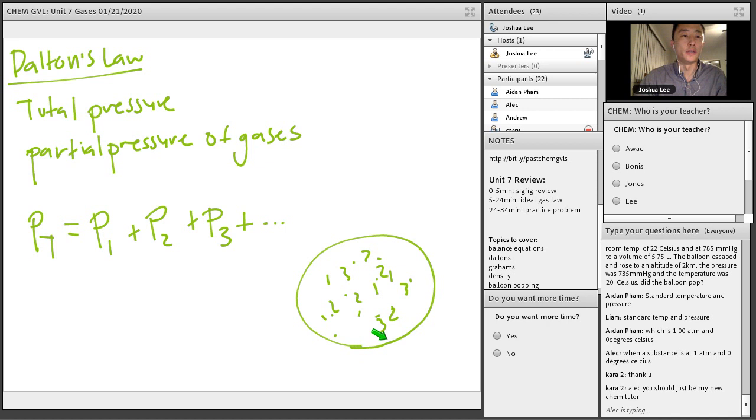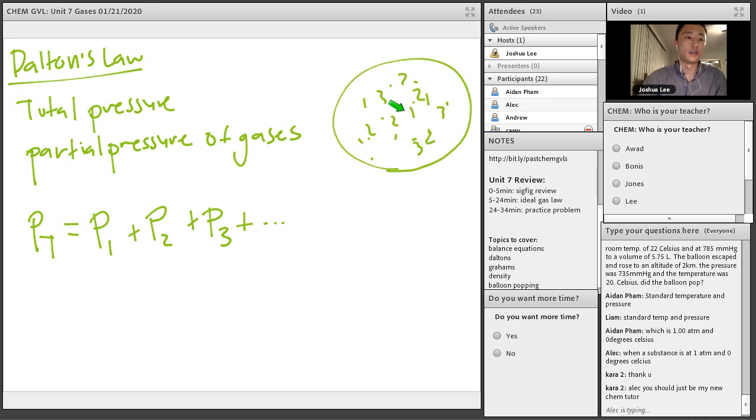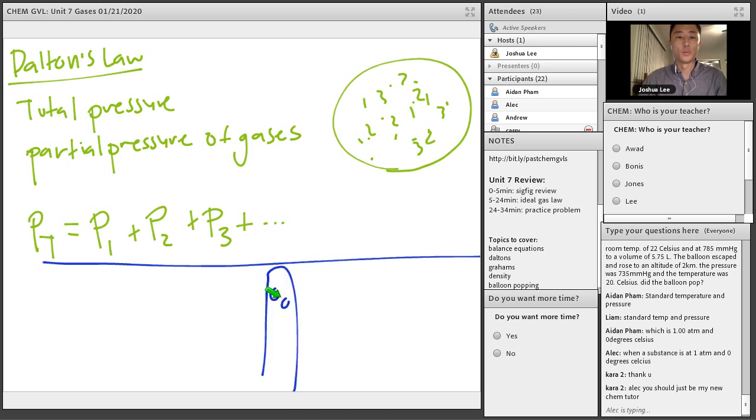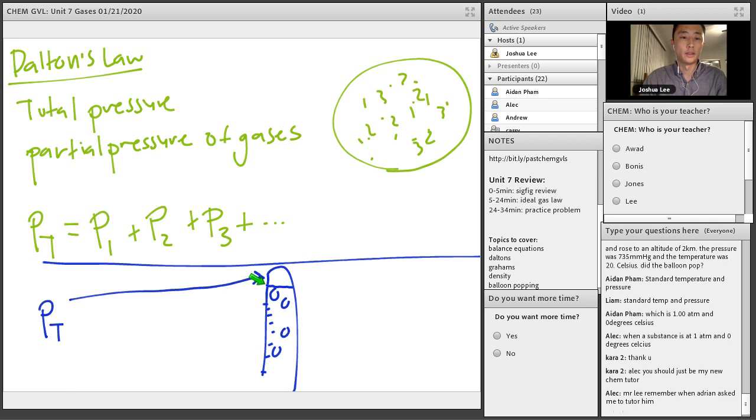Another version of Dalton's law would be what we did for lab 5. We collected a gas over water. So this is going to be the pressure total, which is going to be the pressure of the gas we're looking for plus the pressure of water.